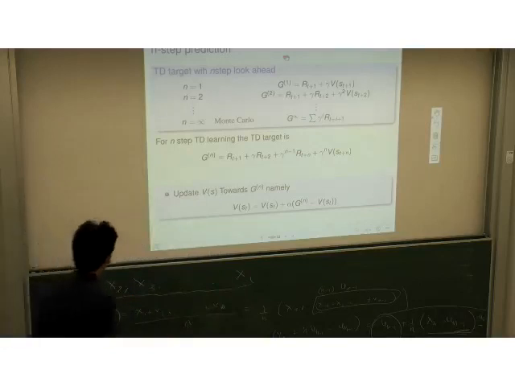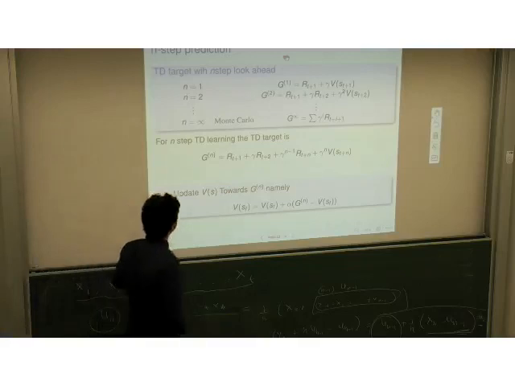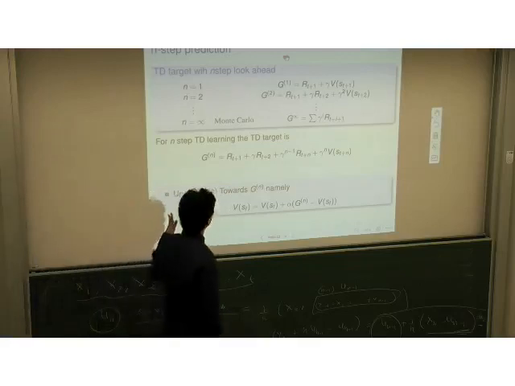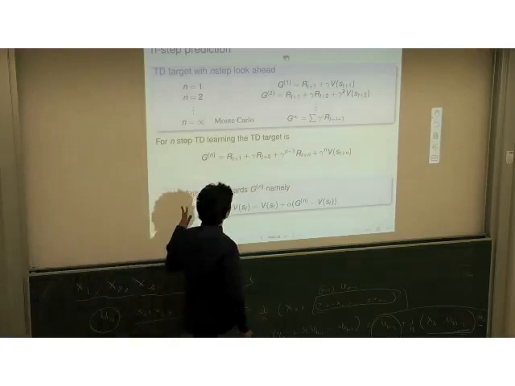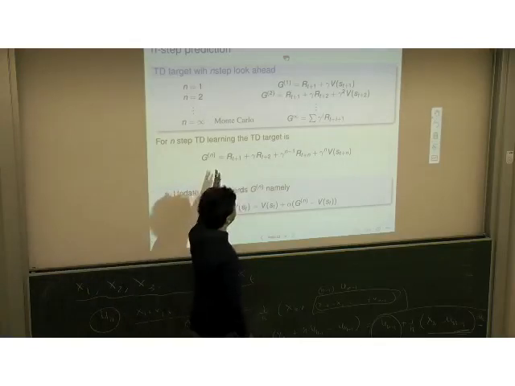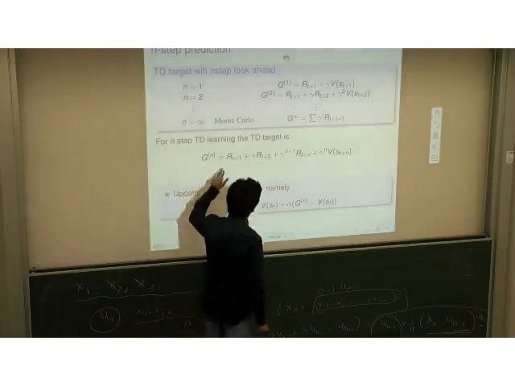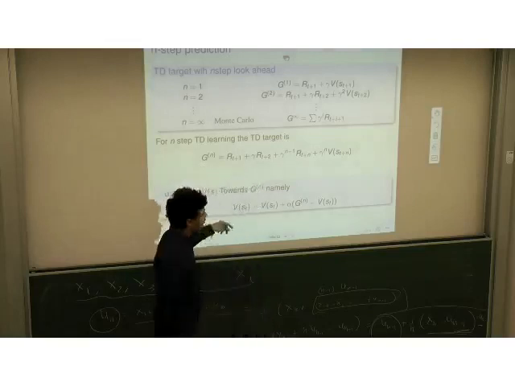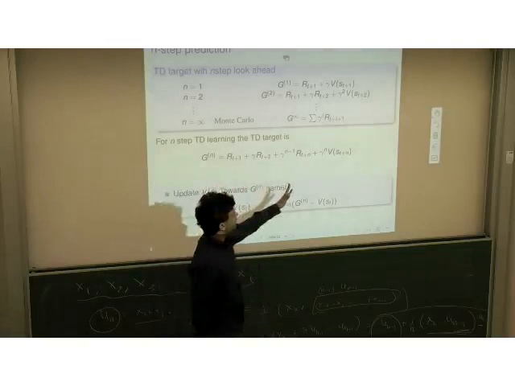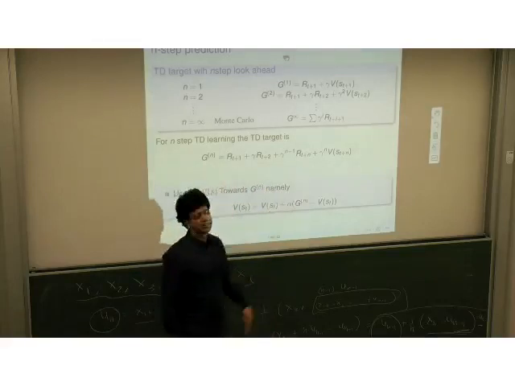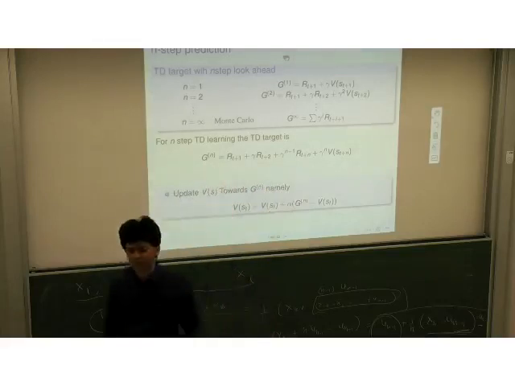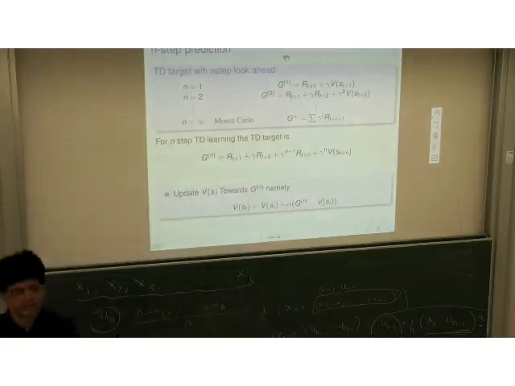If you have n observations, then you can write it a slightly different way. Rather than just taking one reward, take a sequence of n rewards and then the value at the nth state beyond.